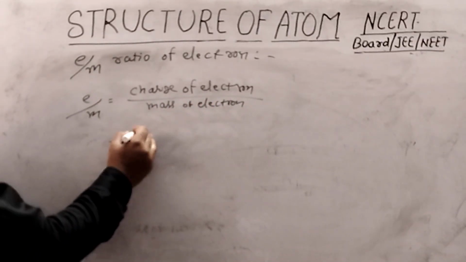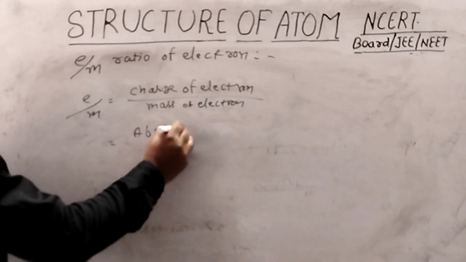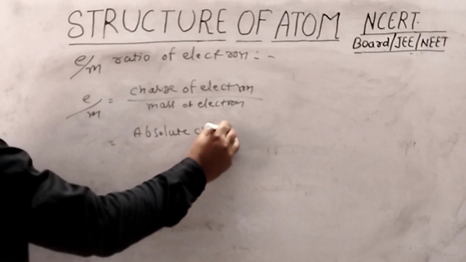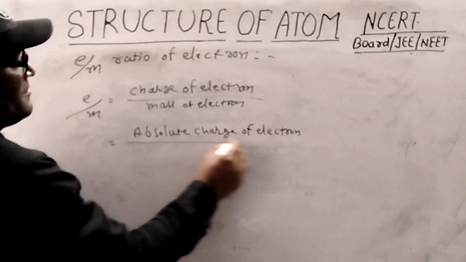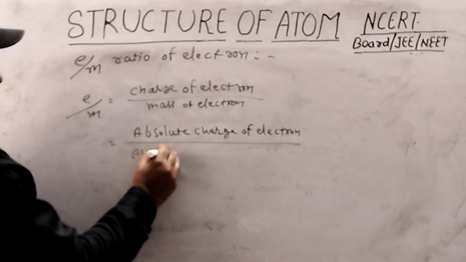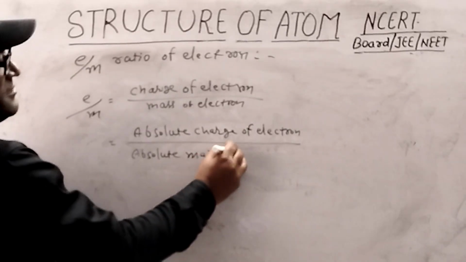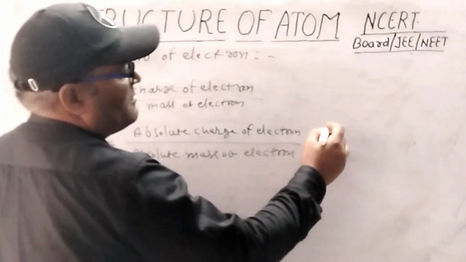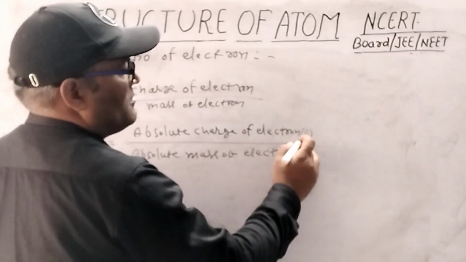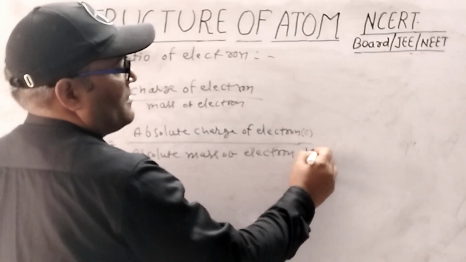Charge of electron means absolute charge of electron by absolute mass of electron. It means absolute charge of electron in coulomb, absolute mass of electron in kg.